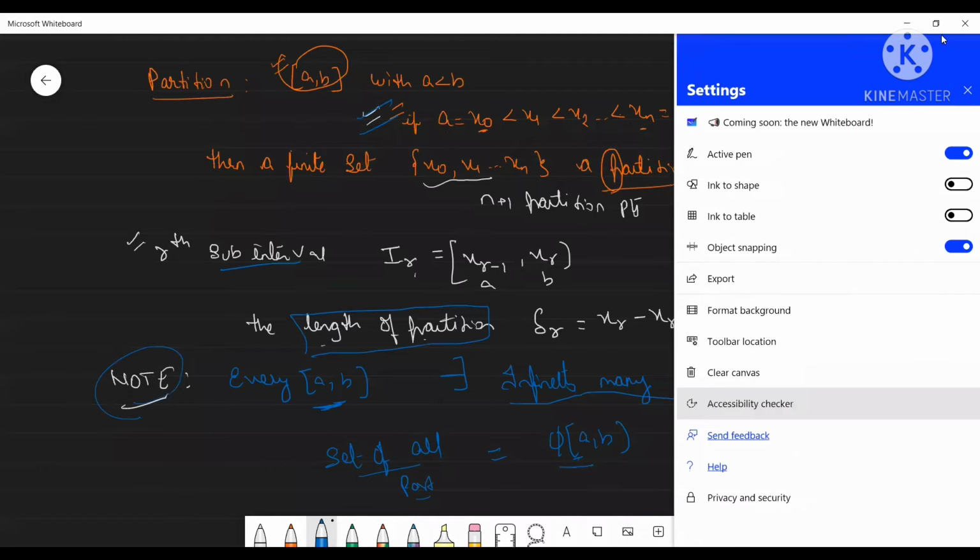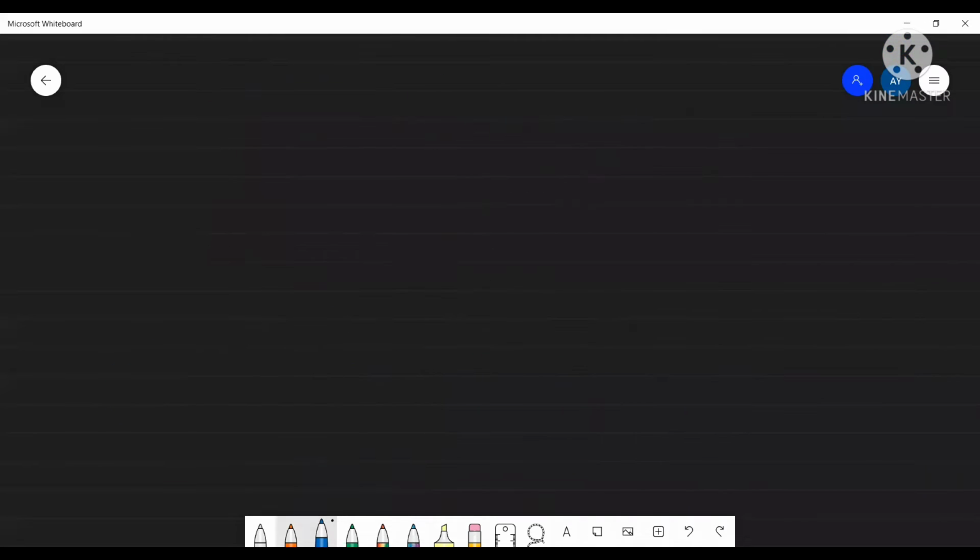Now moving on to the next definition, that is the norm of the partition. You know what a partition is? It should be between A comma B, then it will have subintervals, then it will have the length of the partition.